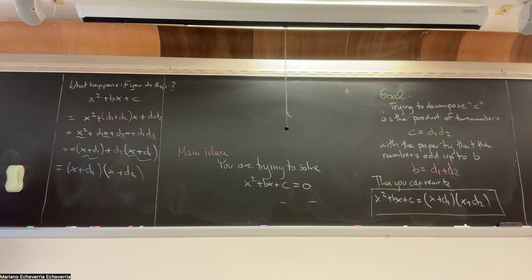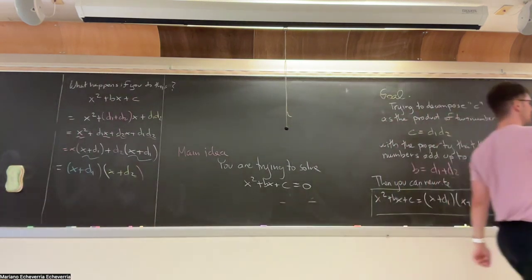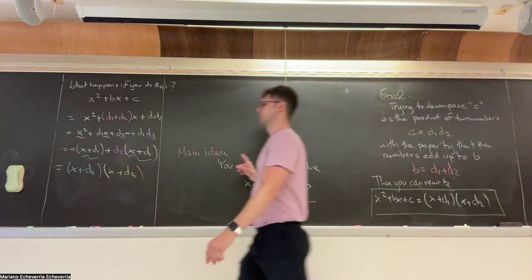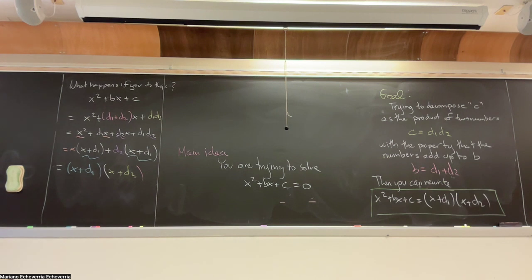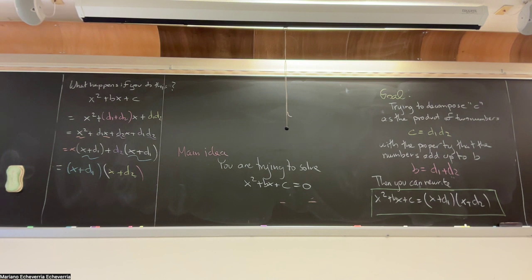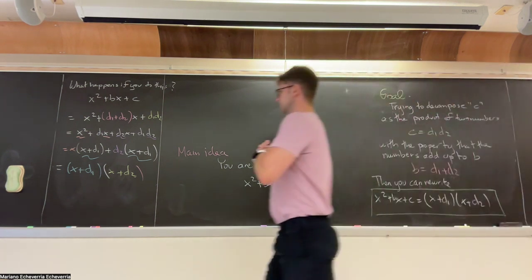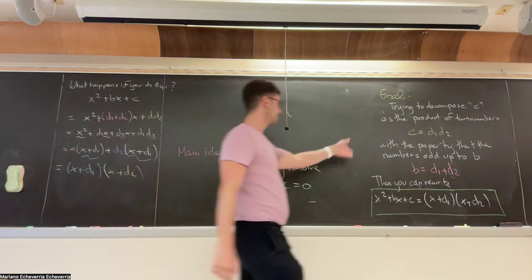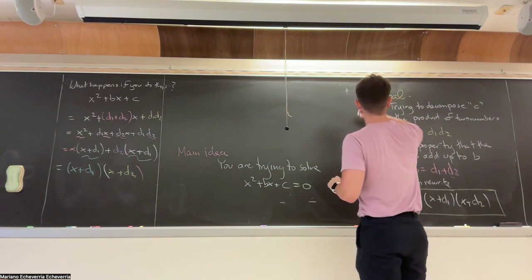So I'm going to do a few more examples of how this works out. But that is the key of the factorization that we're going to do today. It's a bit of trial and error, but the objective is to find how to decompose the constant term, the one that is not next to an x or an x squared, in terms of two numbers that multiply to the constant term but add up to the one in the middle, basically.